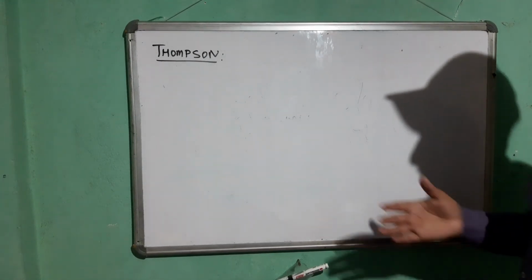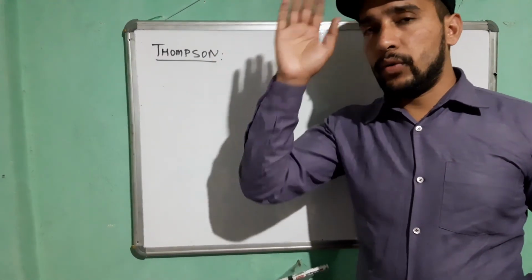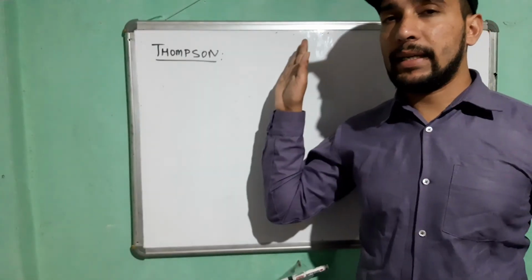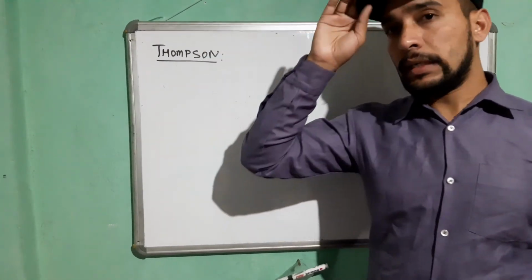Now, we have discussed the similarities between hydrogen and group 1 elements, and the similarities between hydrogen and group 17 elements, that is halogens. Next, dissimilarities among them also we have discussed.